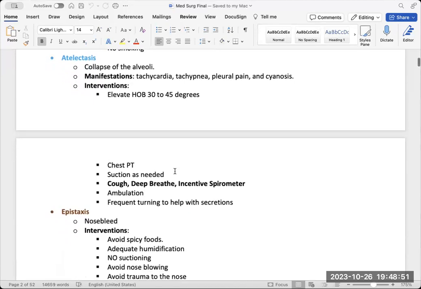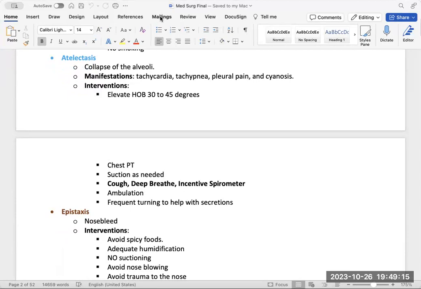Okay, so the next thing we have is atelectasis, or the collapse of the alveoli, and the alveoli do gas exchange. So if they collapse, they're not going to have that perfusion in the lungs, and that's not good. So we have things like cyanosis, tachycardia, tachypnea, and pleuritic pain because they're not getting that perfusion.